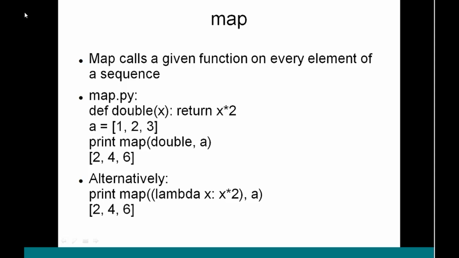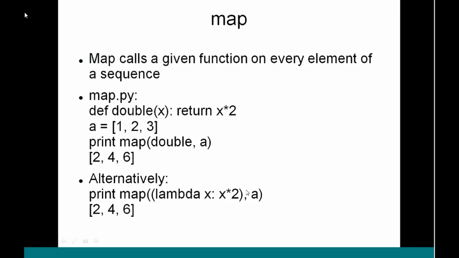We saw None previously, and so the remaining will be treated as None for that particular iterable. And if function is None, the identity function is assumed. So if there are multiple arguments, map returns a list consisting of tuples containing the corresponding items from all the iterables. It's just a transpose at that point.